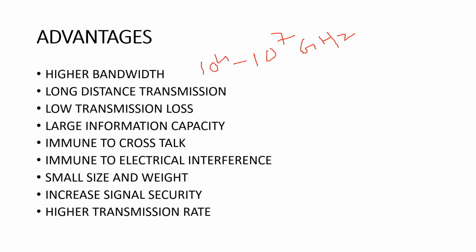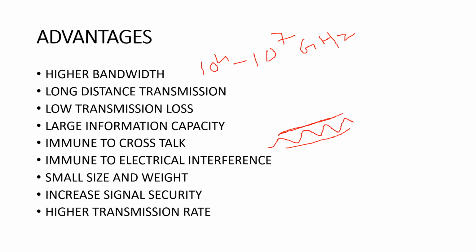The next will be immunity to crosstalk. Since optical fibers are dielectric waveguides, they are free from any interference. This is a dielectric waveguide, and inside this, the optical signal will travel.